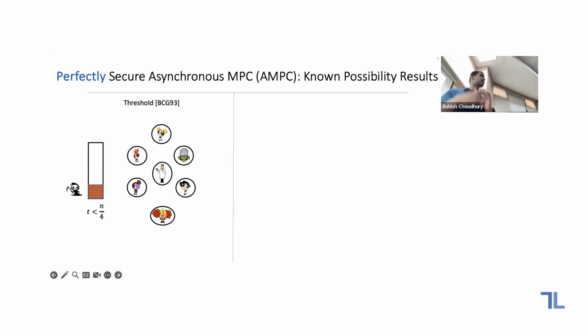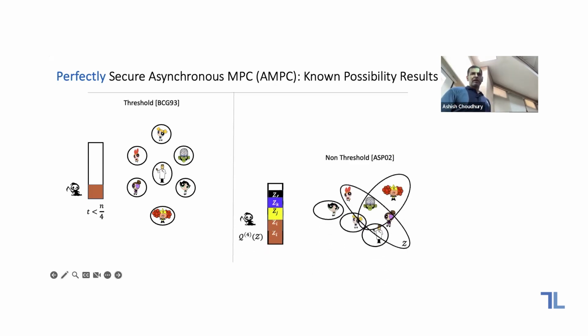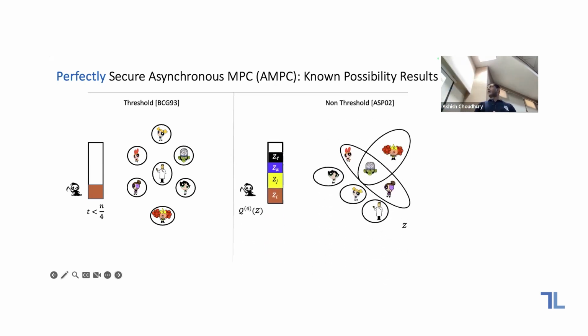You cannot tolerate more than 1/4 of the corruption. Whereas if we consider a non-threshold adversary, then the work of Ashwin et al. has shown that the corresponding necessary condition is that the adversary structure should satisfy the Q4 condition.